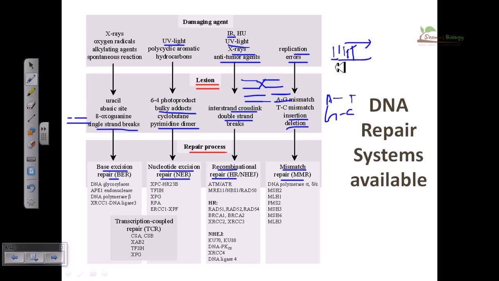That ensures at the very first level that very few mistakes are made during replication. But if mistakes remain after that, we have to rely on the mismatch repair system, or MMR. We'll be seeing all this later.